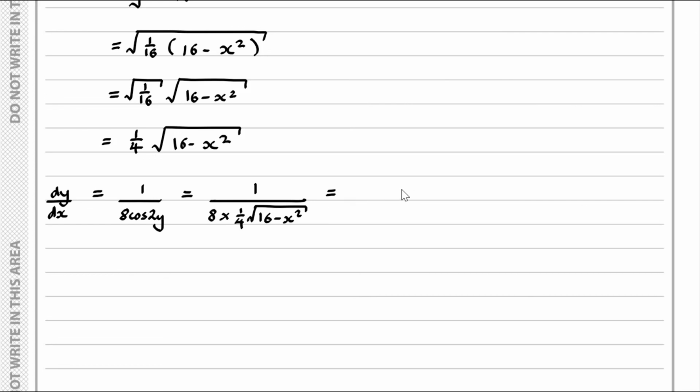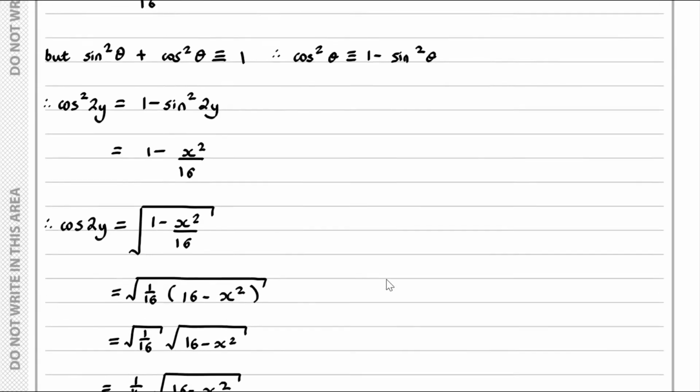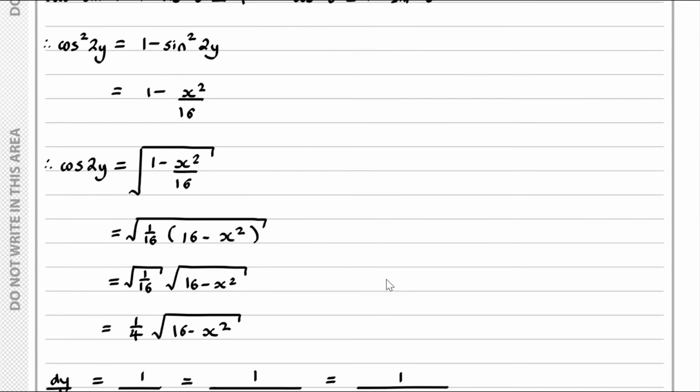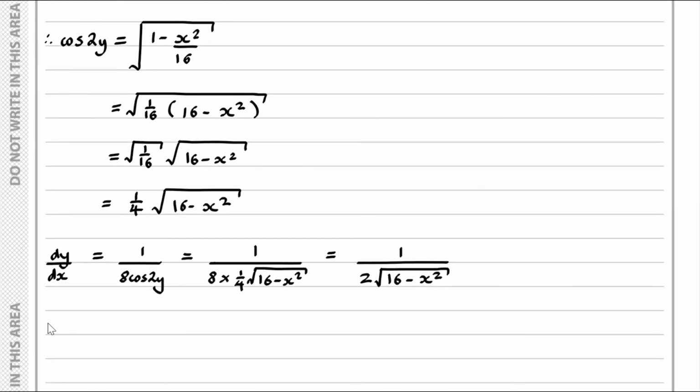So we have 1 over 2 lots of 16 minus x squared square rooted. Okay, so that's our final answer. So the constants a and b would be 2 and 16. So a equals 2, b equals 16.